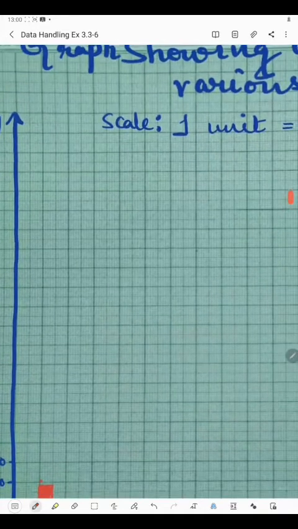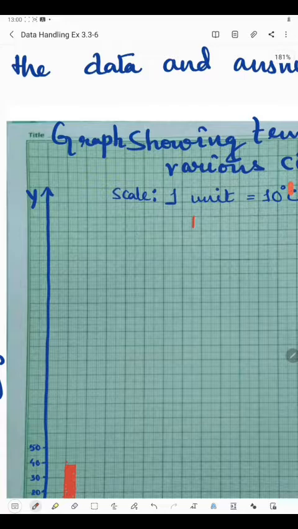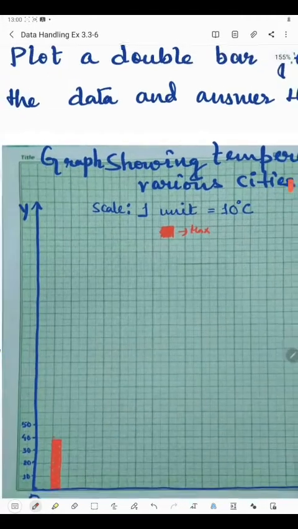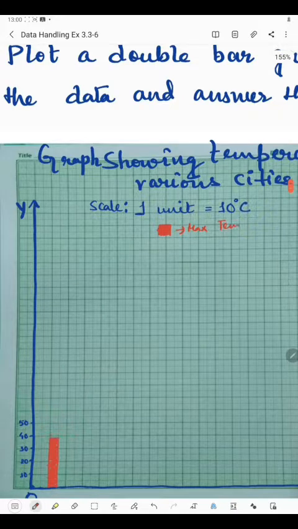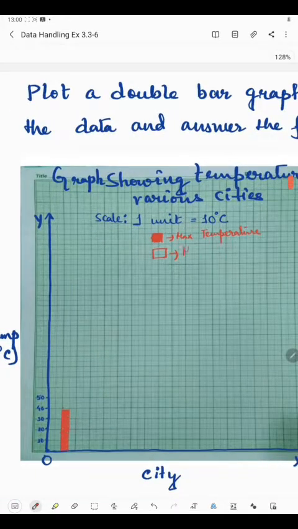So here we will just mention that the shaded box represents maximum temperature, and blank box represents minimum temperature.